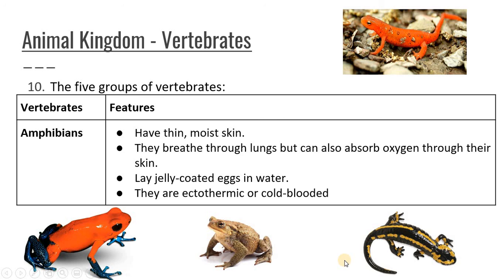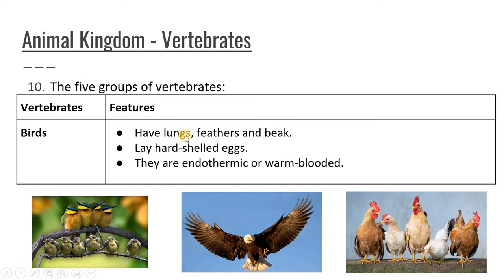We have a few examples of amphibians like frog, toads, newt, and salamander. Amphibians lay jelly-coated eggs in water. Lastly, amphibians are ectothermic or cold-blooded animals.